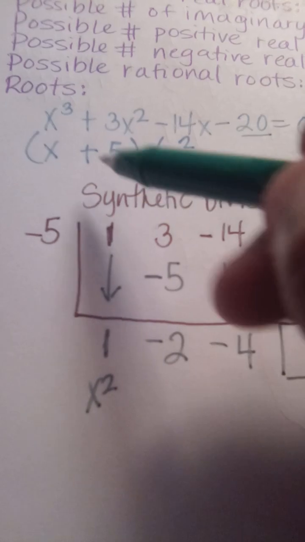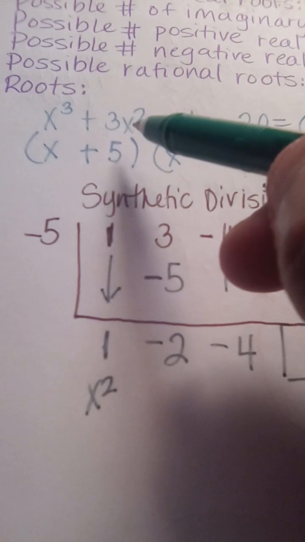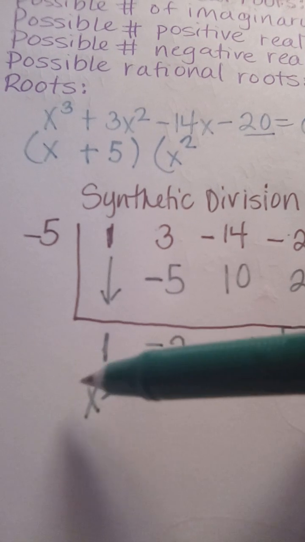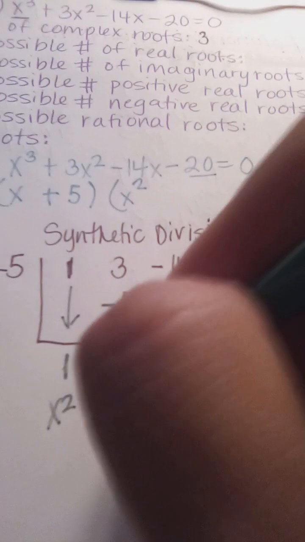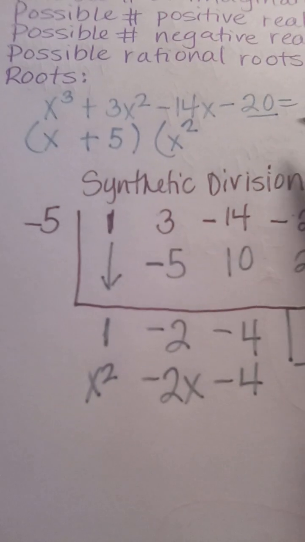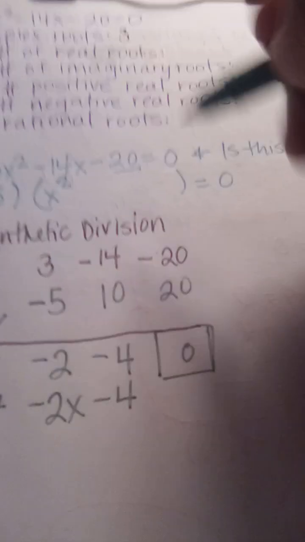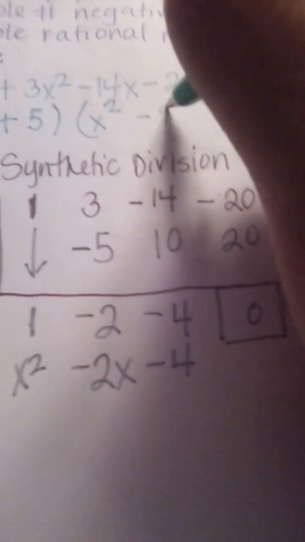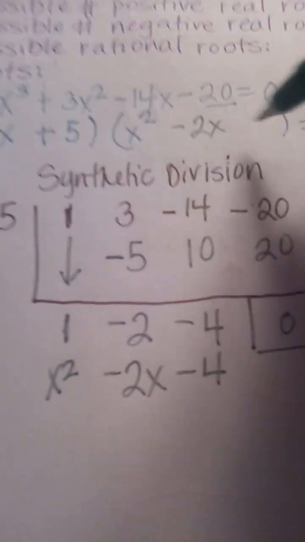After x squared will be -2x, right? And then -4. The remaining two are -2x minus 4.